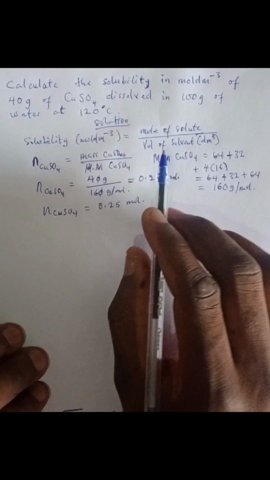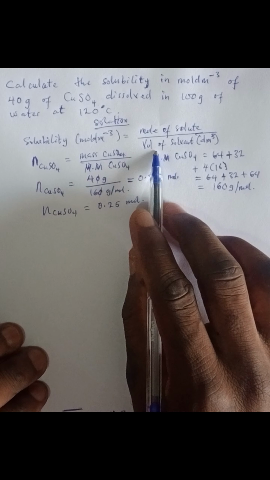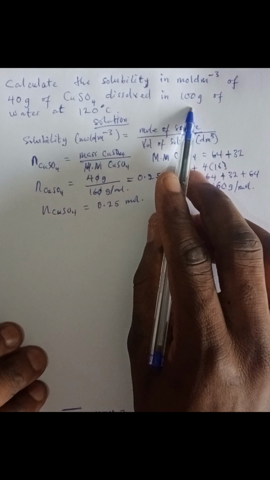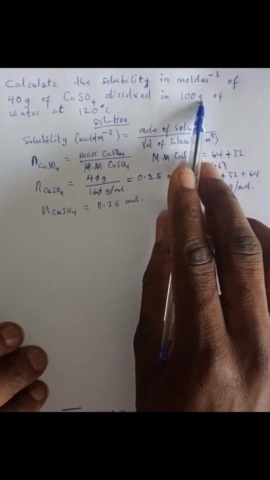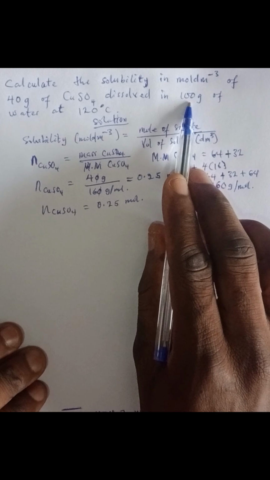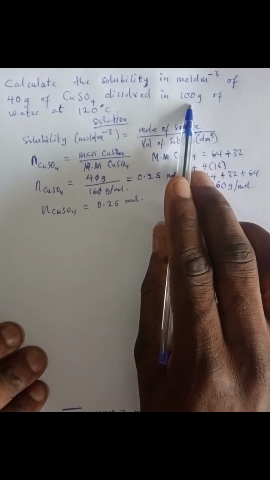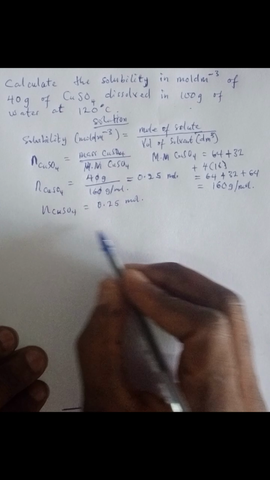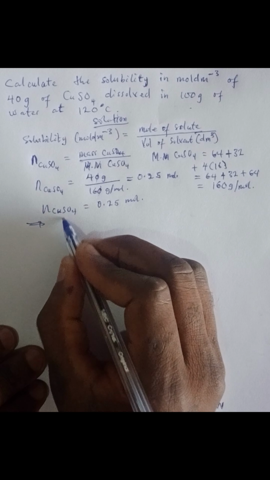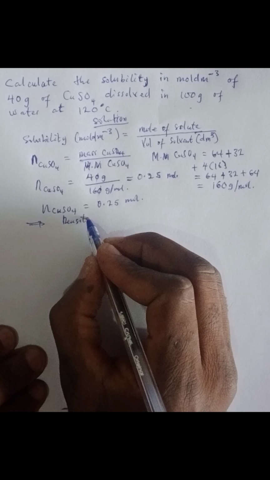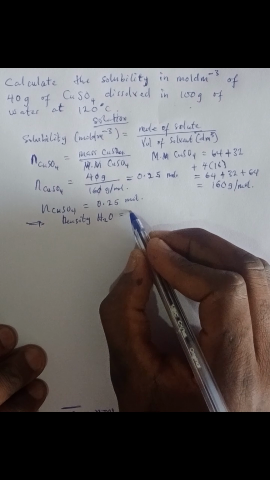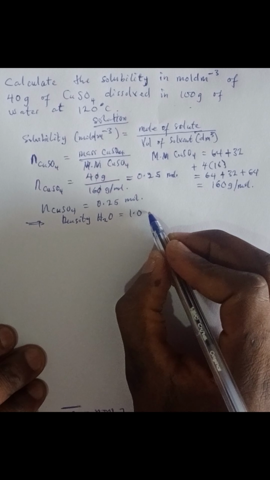All right, now what next? The volume of the solvent is also required, but here the solvent is given in mass, that is 100 grams of water. How are we going to get the volume of water here? If you recall, the density of water is approximately 1.0.